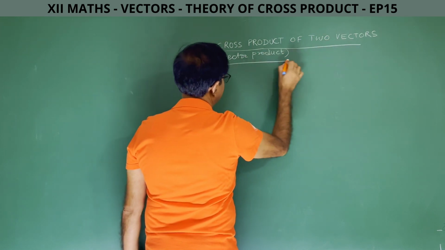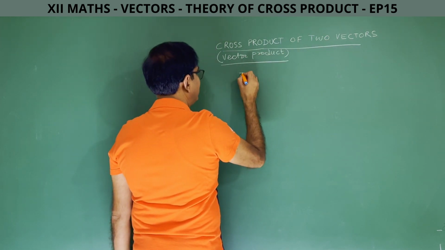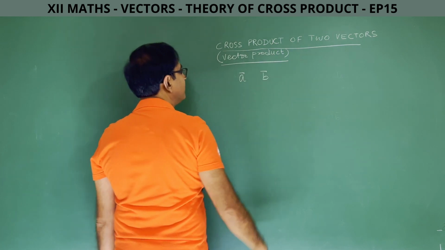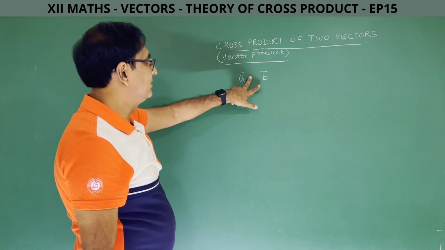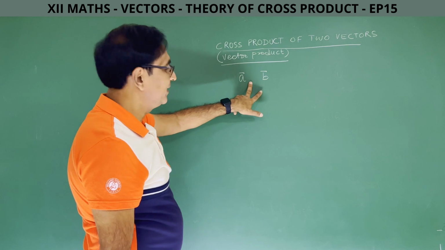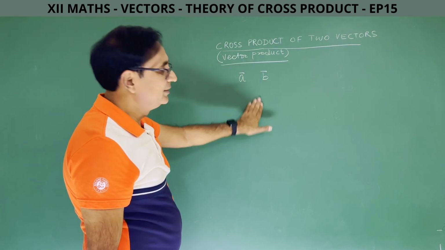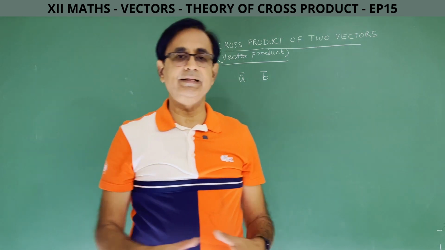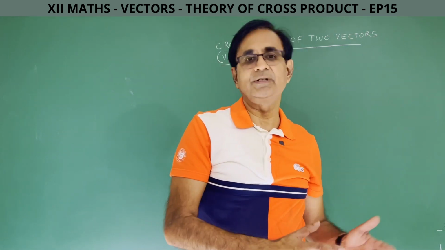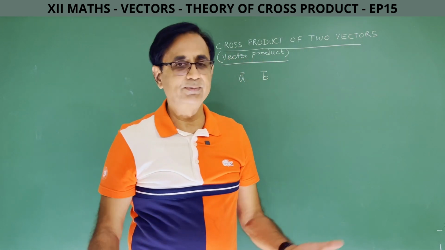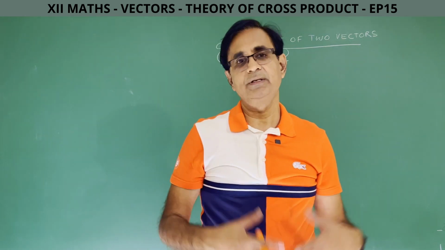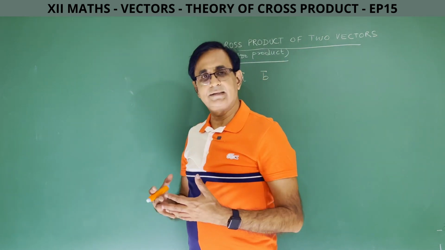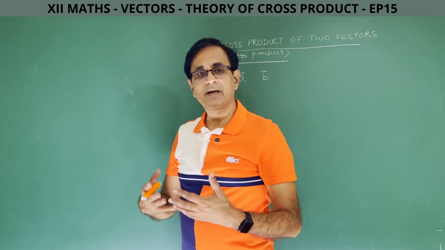Let us see. When you are multiplying two vectors, you have to put something between the two. You just can't write them side by side. That is a wrong expression altogether, it doesn't mean anything. So you have to put something, and the options are two. Either put a dot or put a cross. When you put a dot, the answer is a number, a scalar.